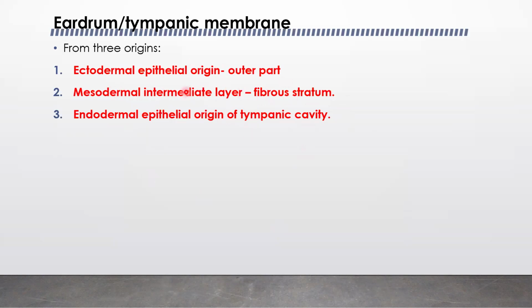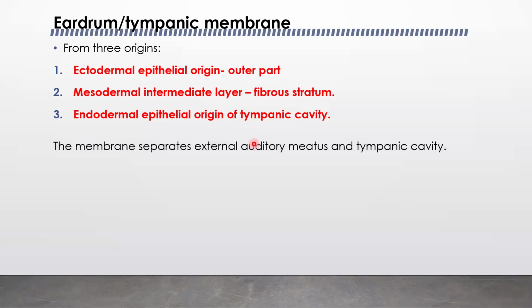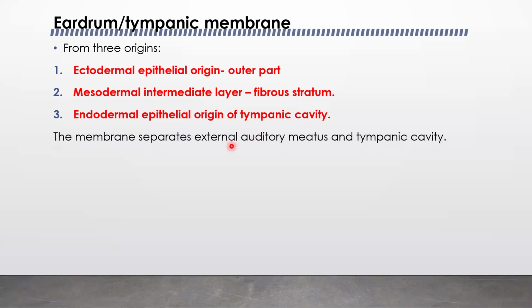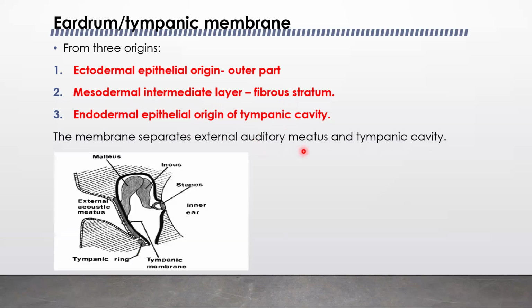Ectoderm where? Outer part. Mesodermal part, the middle part, the fibrous stratum, and then the endoderm is the epithelial origin of the tympanic cavity. So the membrane separates the external auditory meatus from the tympanic cavity, and what function does it play?